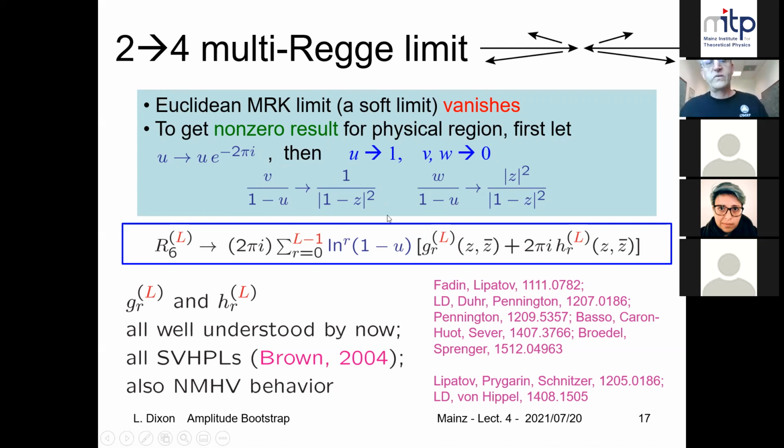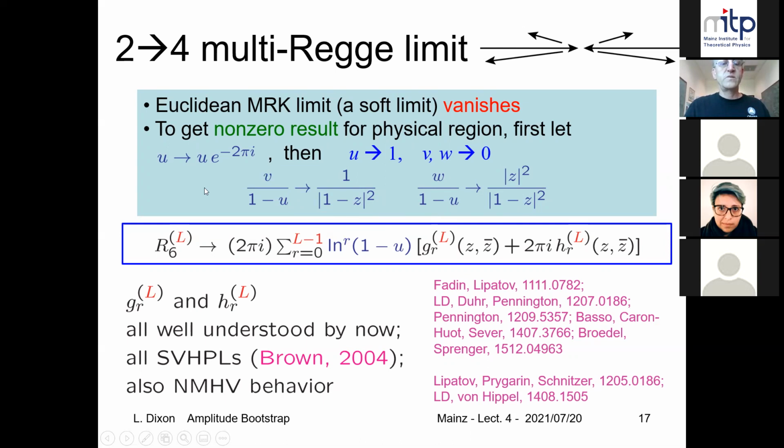If you go through the analysis of what the letters of the symbol become when you take this limit, you find that they become just Z's and 1 minus Z's, and Z bars and 1 minus Z bars. And there's also a further constraint that the first entry coming from U, V, and W should only contain Z Z bar and 1 minus Z, 1 minus Z bar.